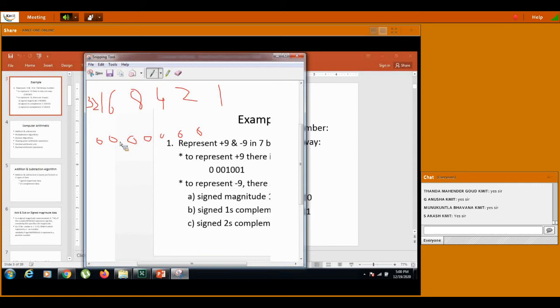Now how can I get 9? If you add 8 and 1, it becomes 9, right? So you put 1 in the 8 place and 1 in the ones place and keep all the others as 0. In such a case you will get 0 0 0 1 0 0 1. This is 9.